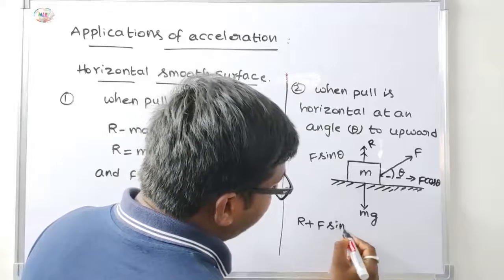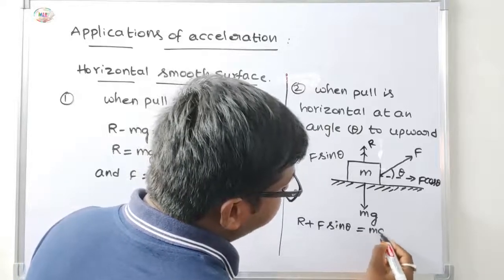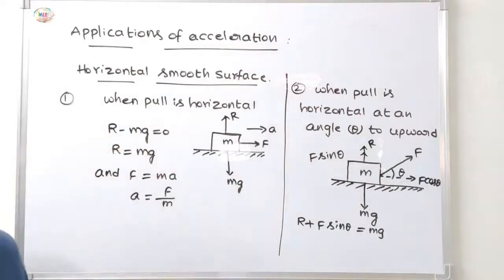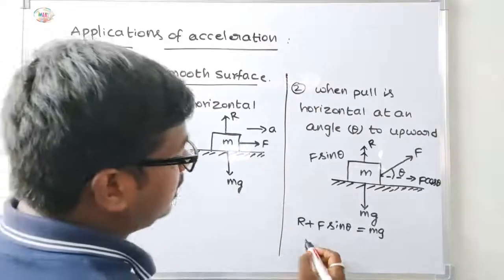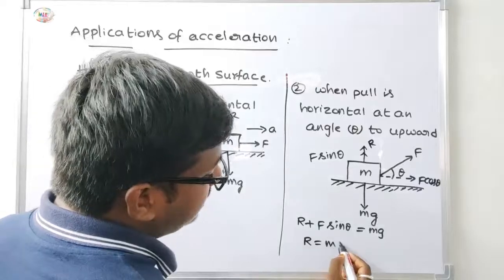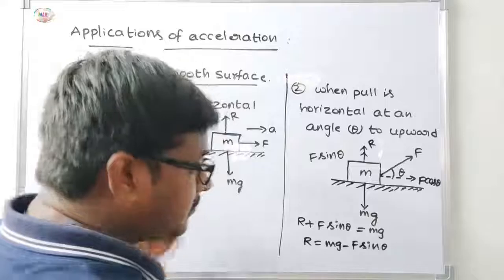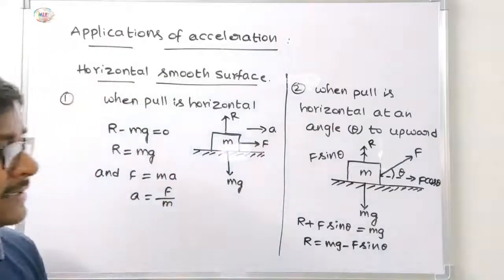R plus F sin theta is equal to mg, then R is equal to mg minus F sin theta.